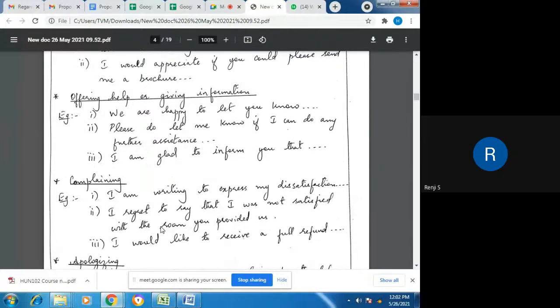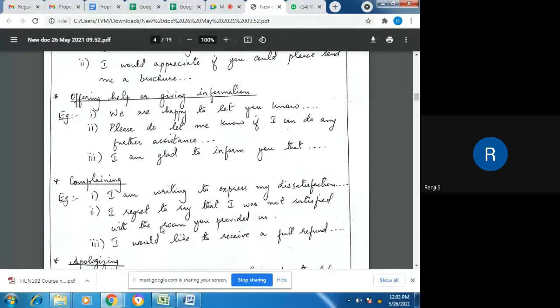Another is if you're offering help or giving information about something, then you can use the following. These are not the only sentences. There are a lot of sentences, but if you want, you can refer to these and study some of them. Okay. So if you're going to offer help or give information regarding something, you can use: we are happy to let you know, or please do let me know if I can be of any further assistance.